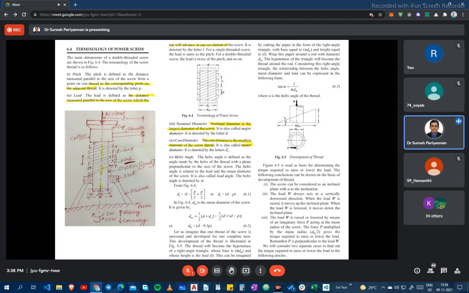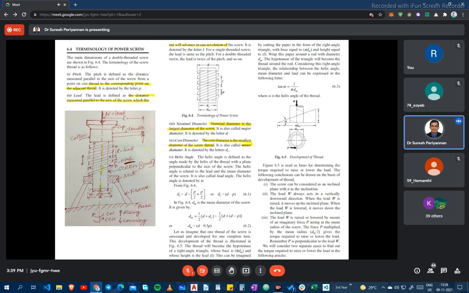We already studied helix angle. What is a helix angle? What is the importance of helix angle? Now we are going to discuss that. Very important because based on the helix angle only, we are going to discuss rising the screw jack and lowering the screw jack.